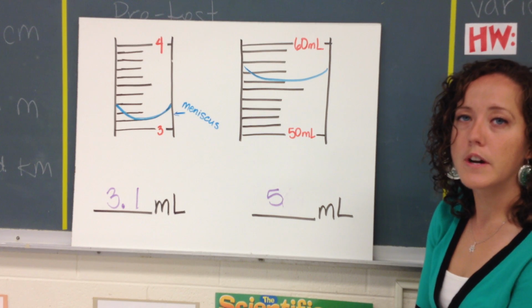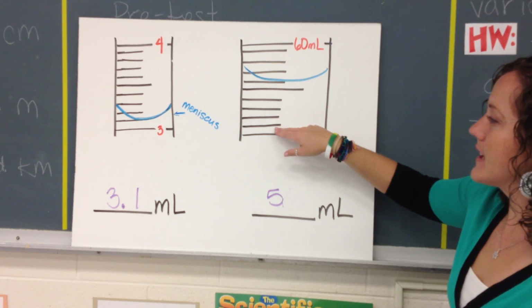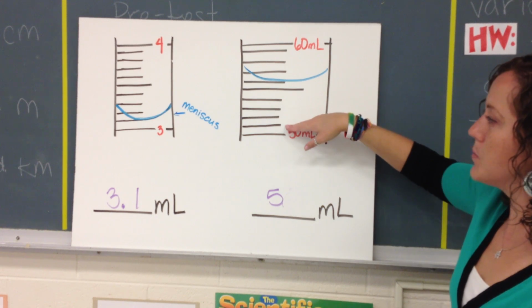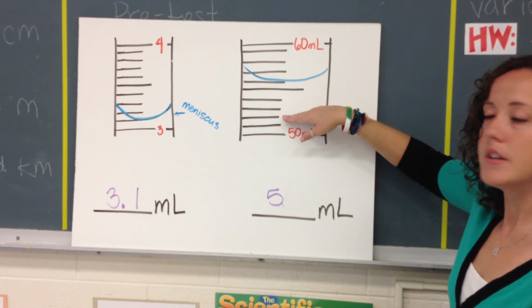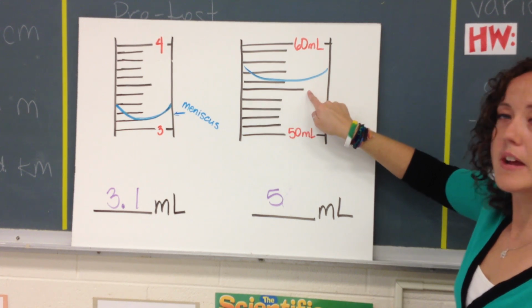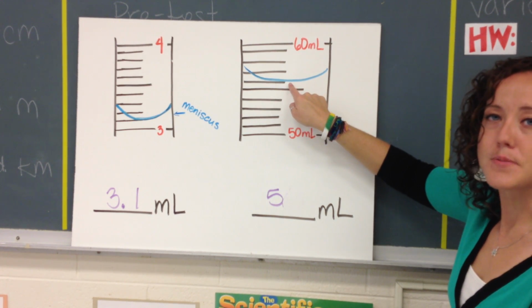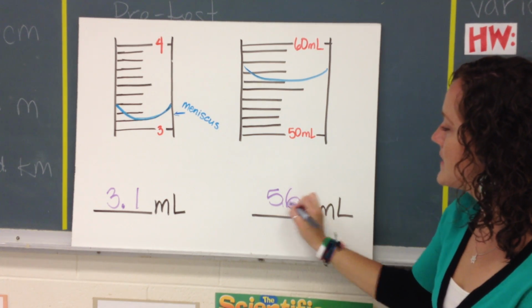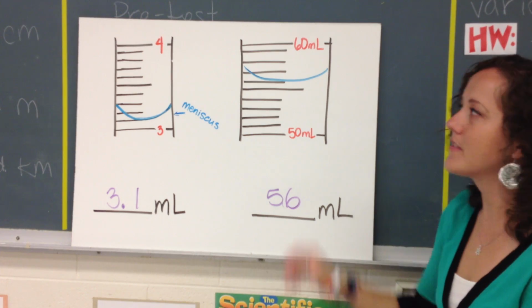So if it represents 1 whole, we're just going to count by ones until we get to the meniscus. So we're here at 51, 52, 53, 54, 55 is the halfway point, and then 56 is right here. So we'll have to correct ourselves and put 56 as our answer.